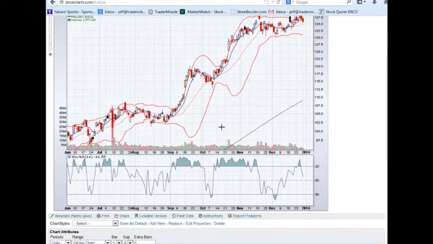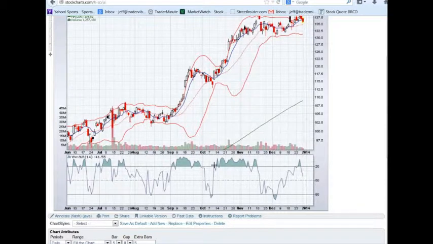Many years ago, I was presented by somebody who used this Williams percent R, and they basically used it in this way. They went out and looked for stocks on the Investor's Business Daily that were the highest recommended there, and they waited until the Williams percent R went above minus 20.